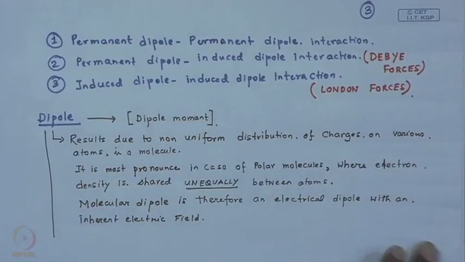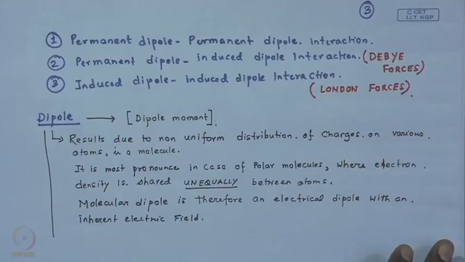We talk about the permanent dipole, which results due to unequal sharing of electron density across atoms.